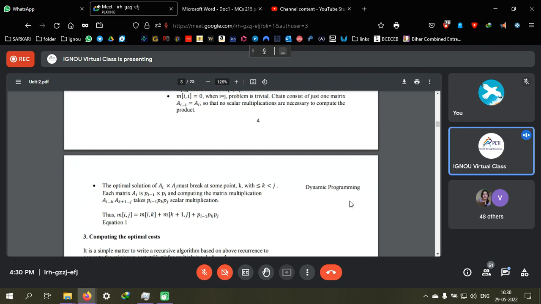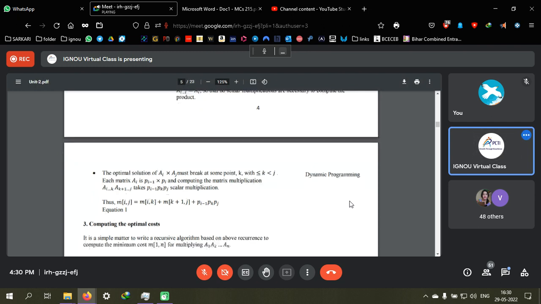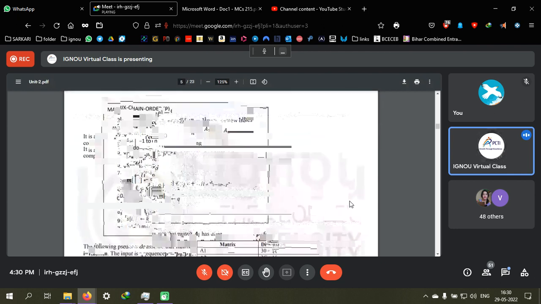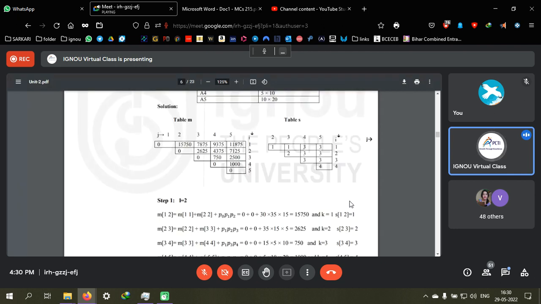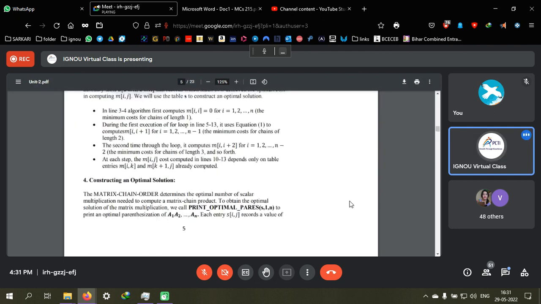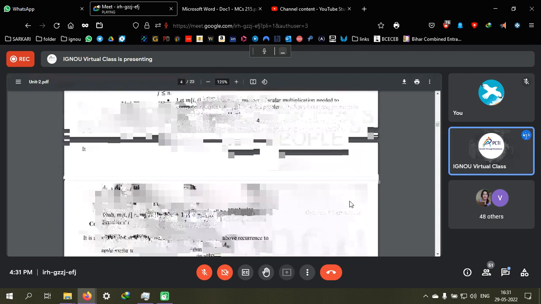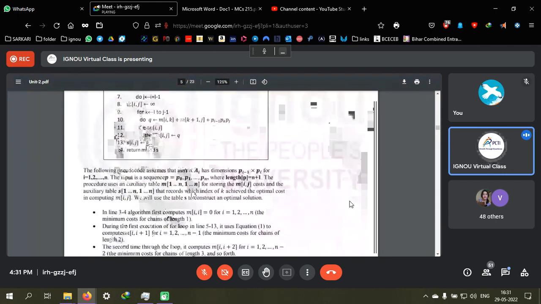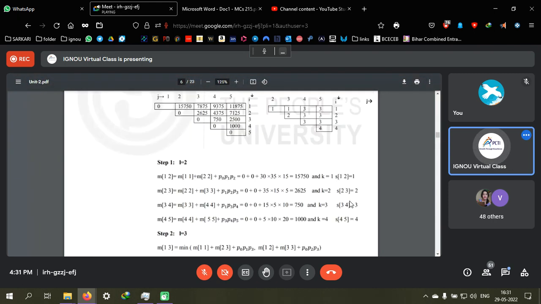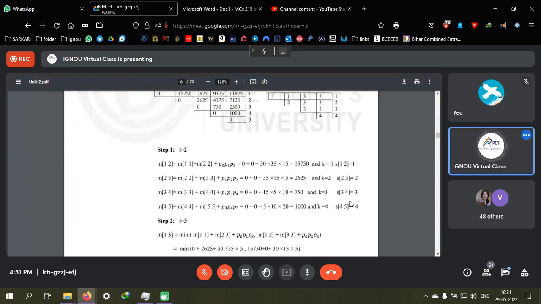This is 1 plus 1, 2. And this is also 2. So here it is. M12 is equal to M11 plus M22 plus the value of P. How can we calculate the value of P? P(i-1), P(k) and P(j). i minus 1: the value of i here is 1, 1 minus 1 is 0.